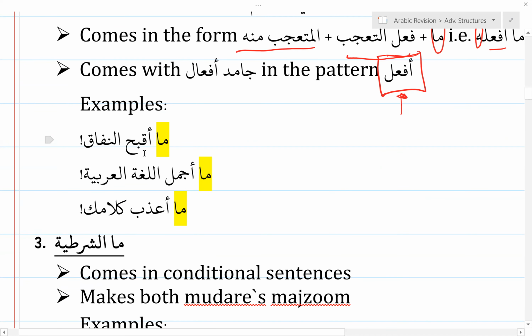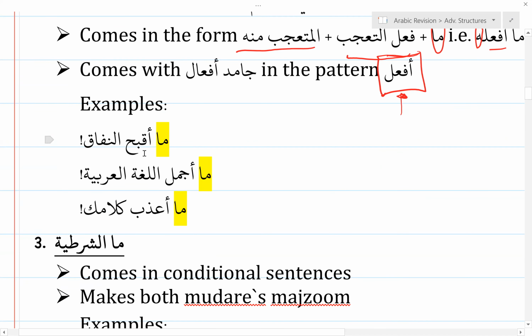So here is sweet, here is pain and punishment. You have an opposite meaning there. So ma a'daba kalamuk: how sweet your words are.